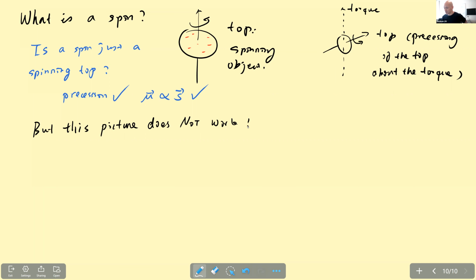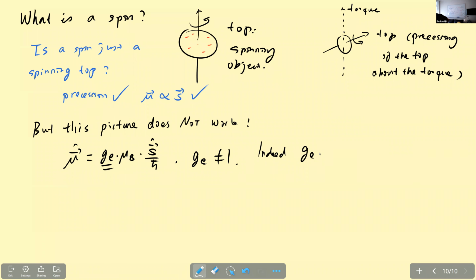First of all, mu equals g_e times mu_B times S over h bar. And g_e does not equal 1. Indeed, g_e is about 2.